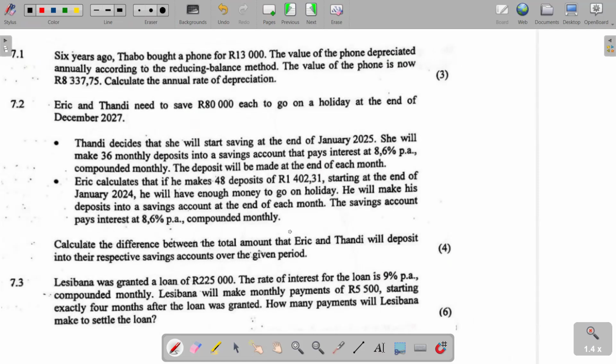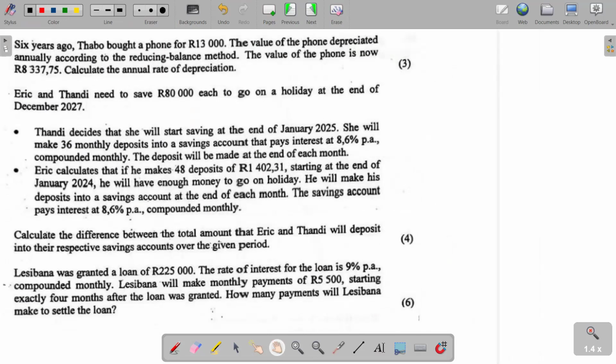So it means we have to calculate the total amounts that they are going to deposit each. So for us to calculate for Eric, it's easy. We can calculate Eric's total deposit.